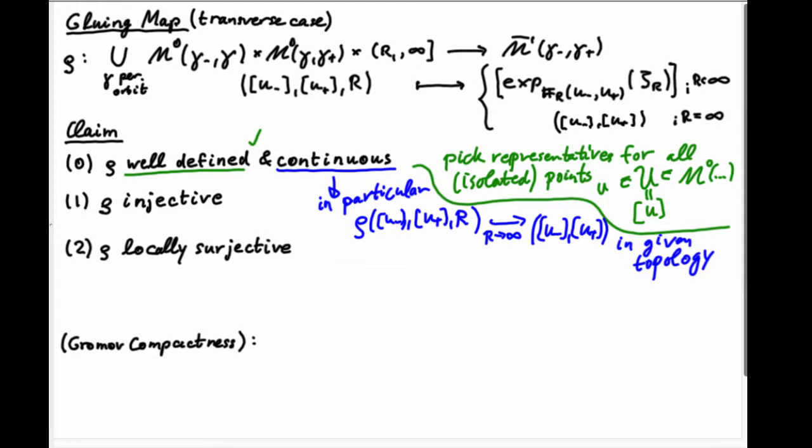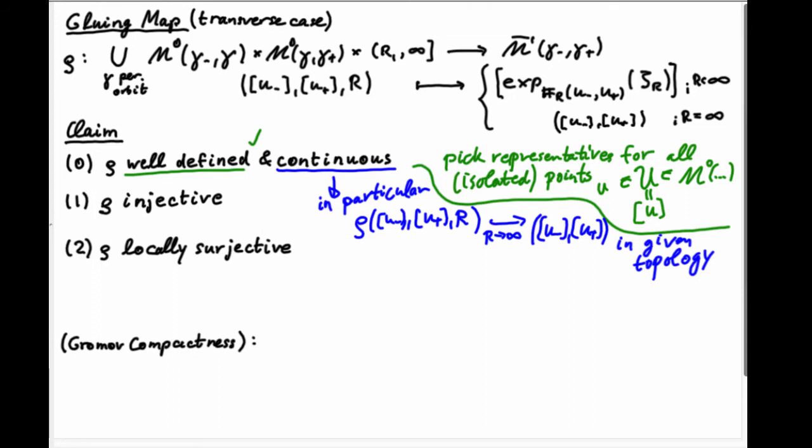And then local surjectivity is saying that not only do I have these sequences of glued curves converging to the broken one, but there are no other curves close to the broken one than the ones that I get from the gluing map.